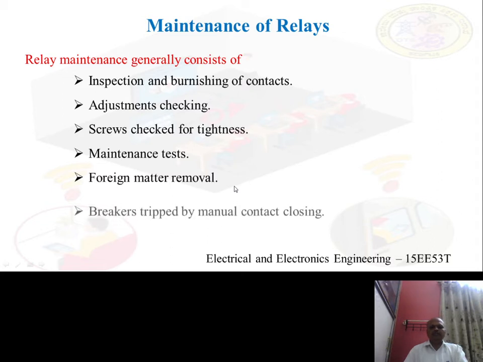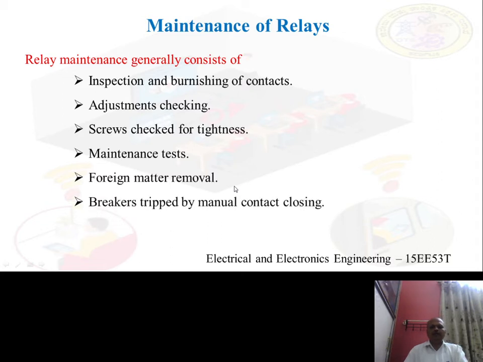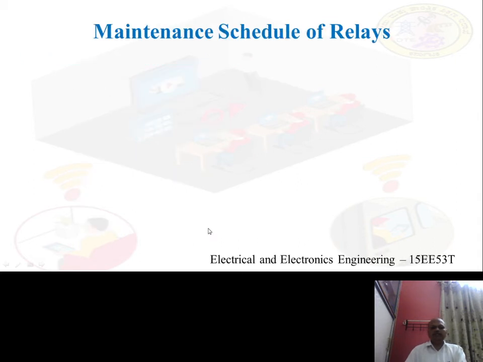Breaker tripped by manual contact closing: we have to check whether under fault condition the relay will trip or not by manually making it close. And last one is covers cleaning, we have to keep the entire relay clean. We have to remove the accumulation of dust on the relay.